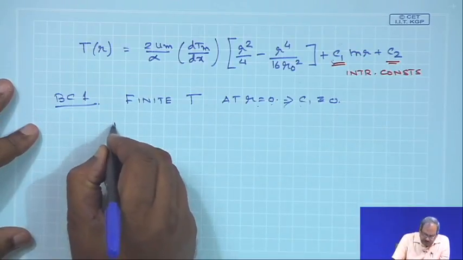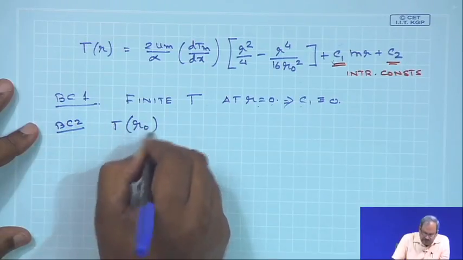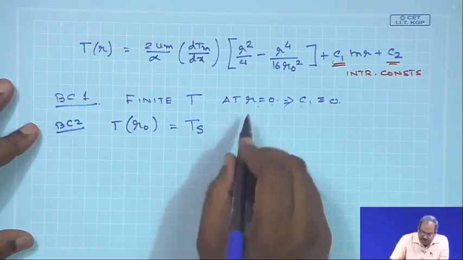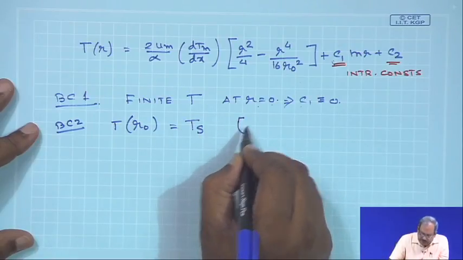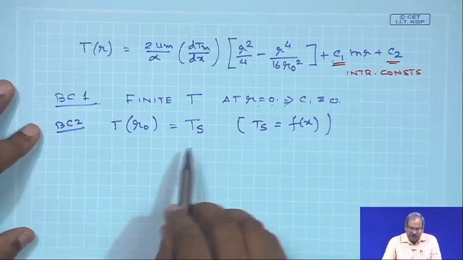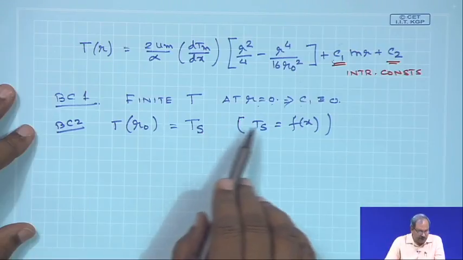And the second one I am going to write, BC2: T at r 0, that means on the surface, is going to be equal to Ts, but we keep in mind that Ts is a function of x. Since it is a constant surface heat flux condition, my Ts is not a constant.